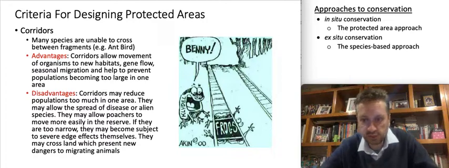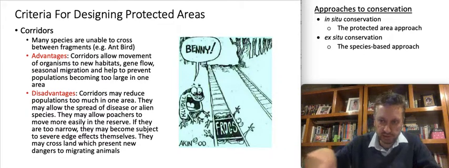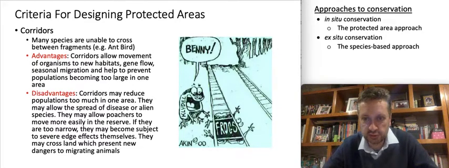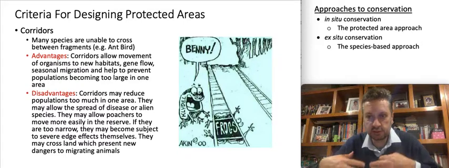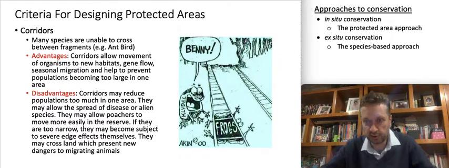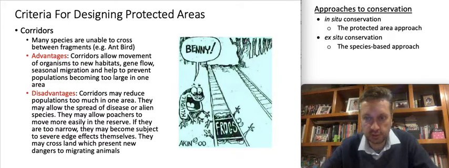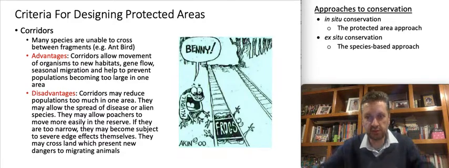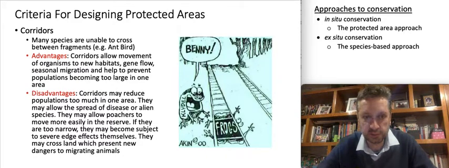There was a very sad story about the Brazilian ant bird that follows army ants around the floor of the Amazon rainforest, and it's psychologically unable to leave the darkness of the forest to follow its prey, lines of army ants, even if that just involves crossing a very narrow road, which is very sad. So if corridors can be put in place, it does allow species to migrate.